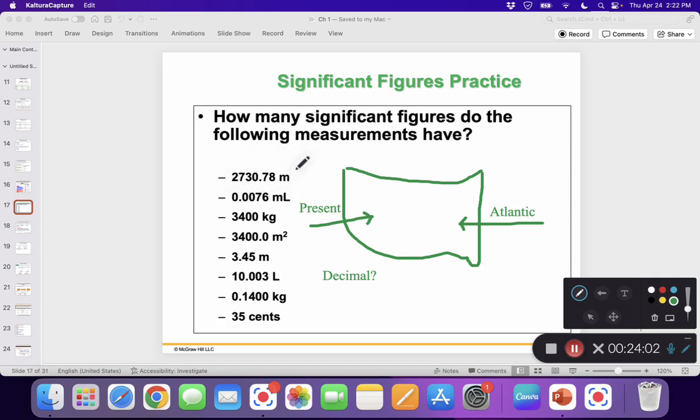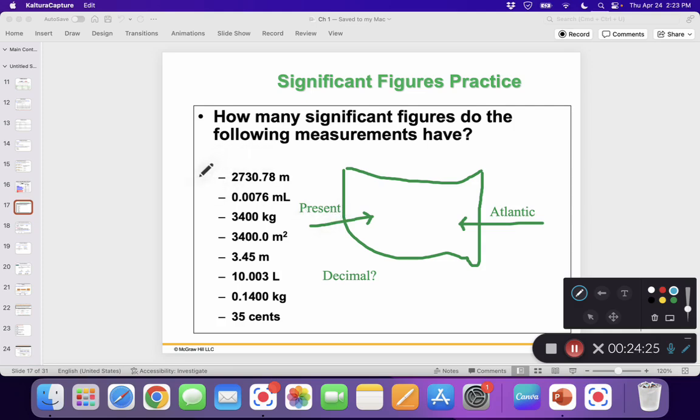Our first question is, how many significant figures does the following measurement, 2730.78, have? Right away, when you see this question, you look for a decimal. This one has a decimal, so I have to start counting from the left-hand side.